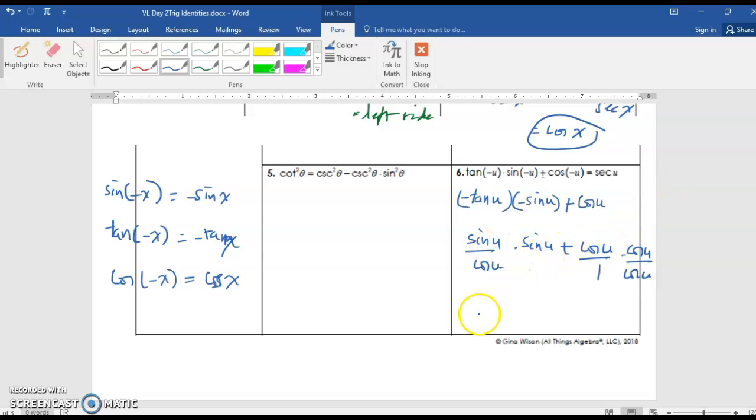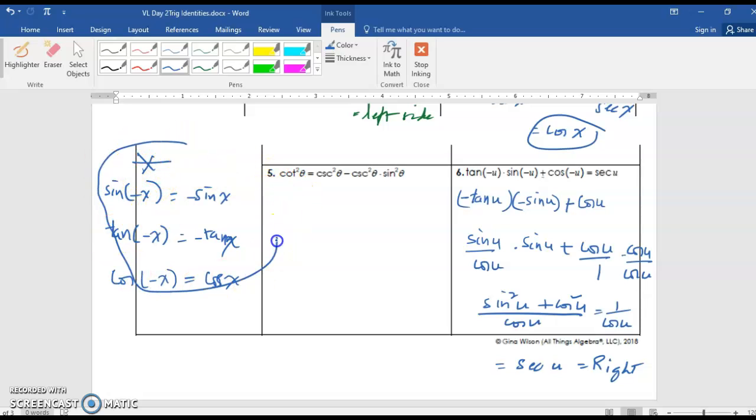So this becomes cos u in the denominator, sine squared u from here, and cos squared u from here, which is a 1 with the Pythagorean identity, right? And 1 over cos u is a secant u. This is same as the right hand side, right? So hence proved. So you just have to remember this. This is important for us.